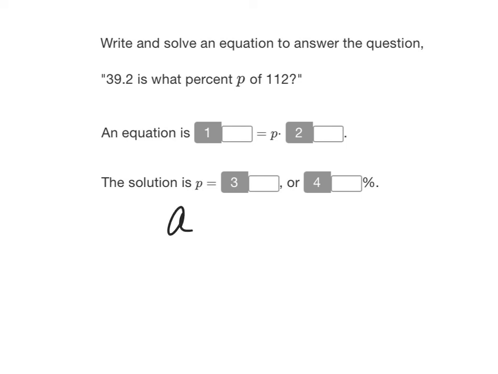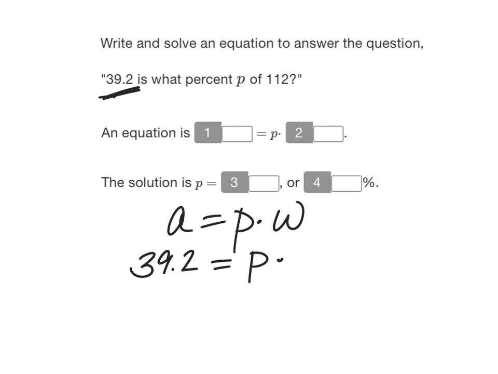So I'm going to use the percent equation for this one. So I know A, that's my part, 39.2. Percent is what I'm solving for, and my whole is 112. So there's my equation.